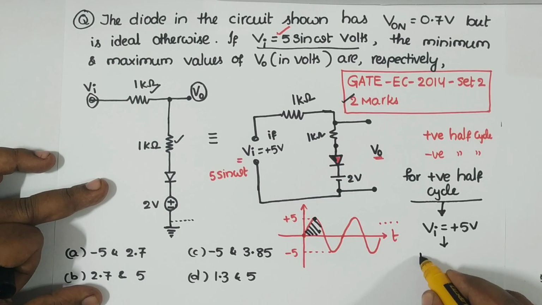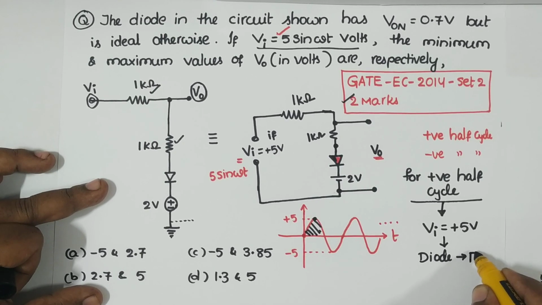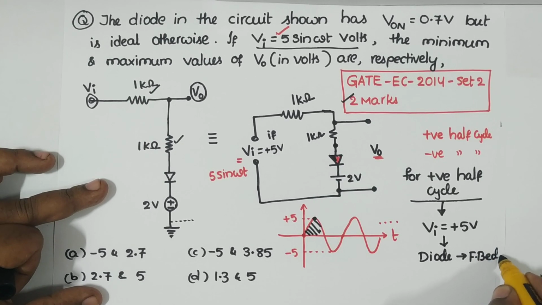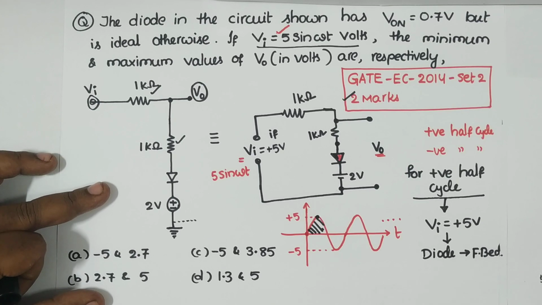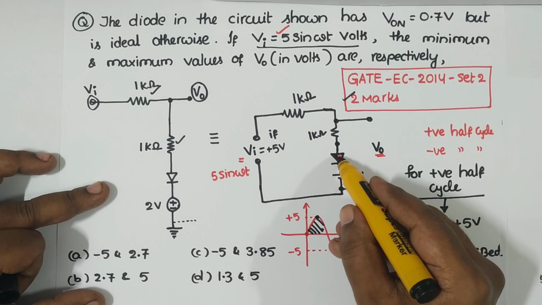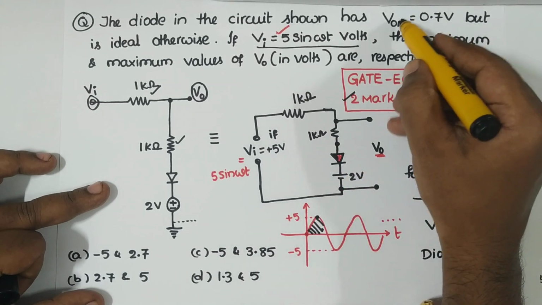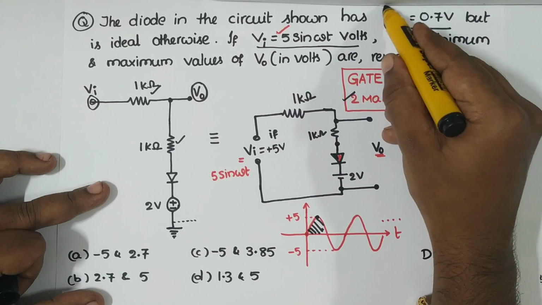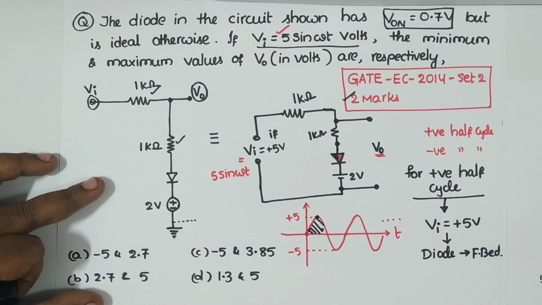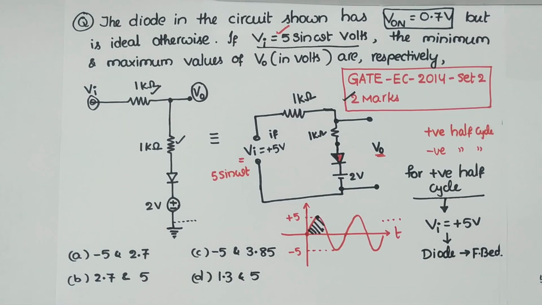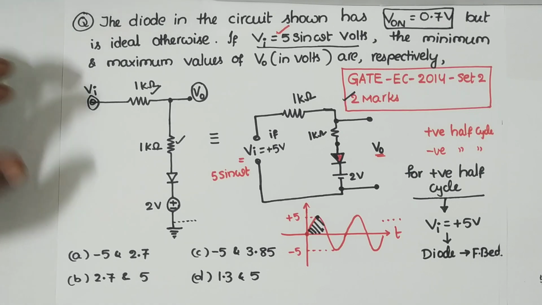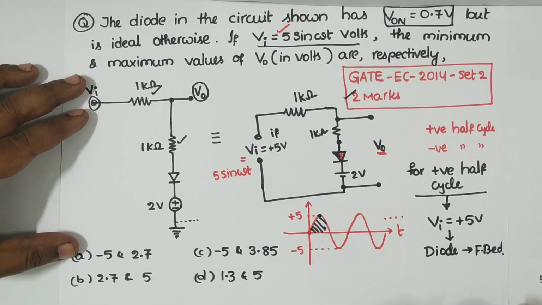So Vi is positive 5 volt, therefore my diode is forward biased. If it is forward biased, this diode is on, so we have current through this circuit. If the diode is on, we take the on voltage equal to 0.7 volt, otherwise I can assume ideal conditions.